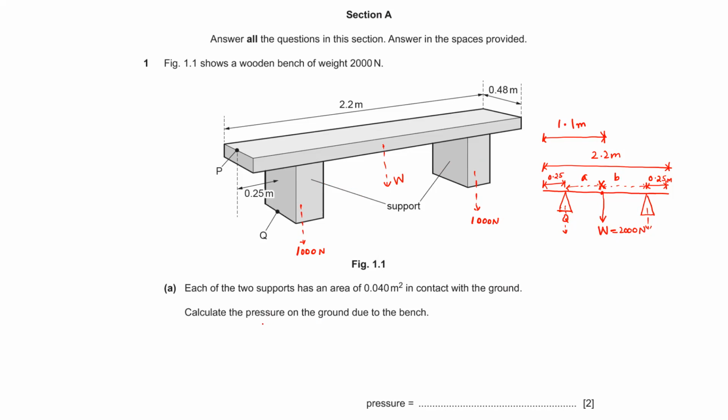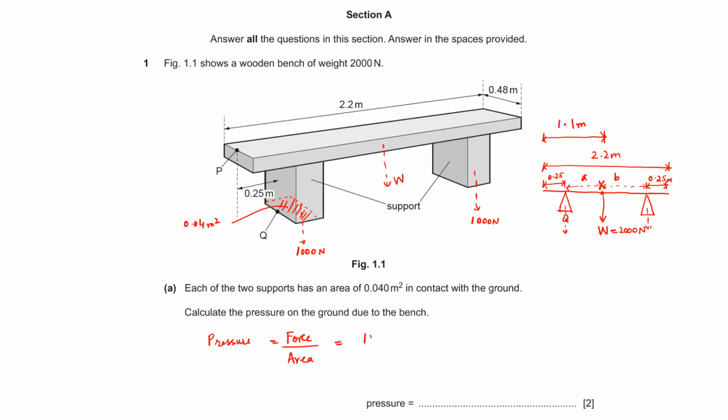So the pressure on the ground due to the bench will be simply the force per unit area. This area is 0.04 meter square, and we know that pressure is equal to force per unit area.